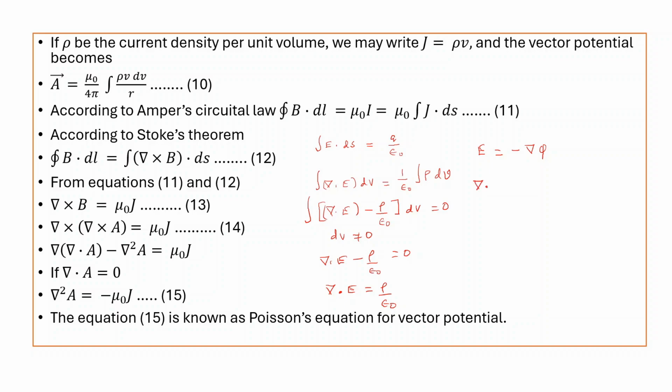Now del dot del phi is equal to minus rho by epsilon naught, del square phi equal to minus rho by epsilon naught. This is our Poisson's equation in terms of scalar potential phi. This is a Poisson's equation in terms of vector potential A.